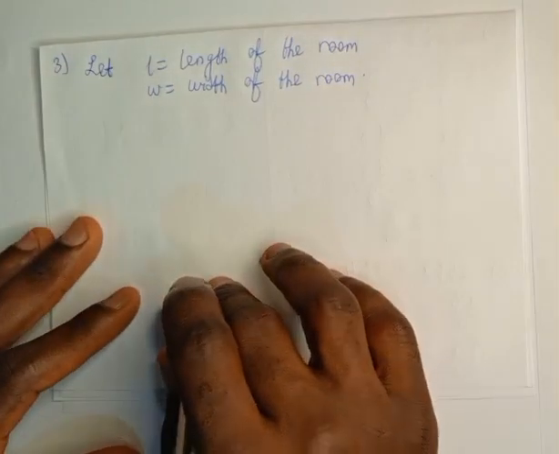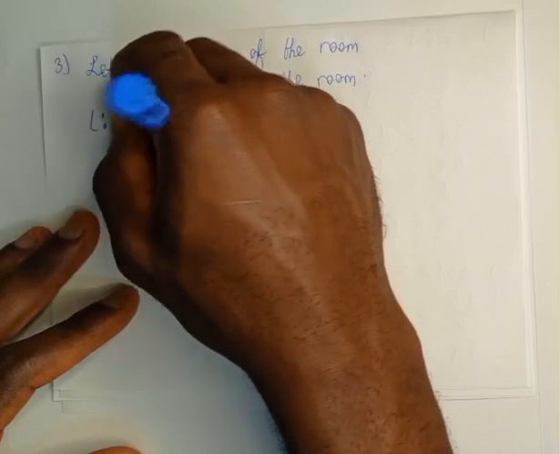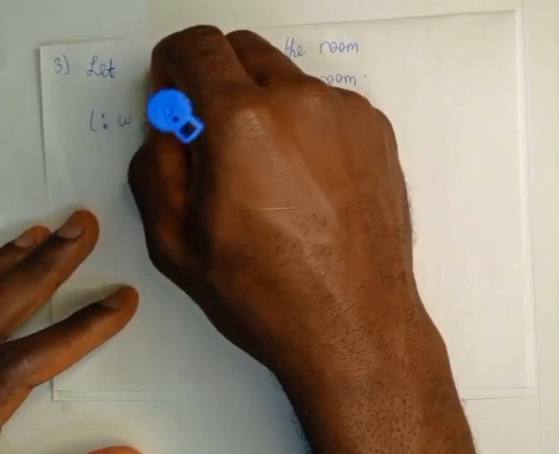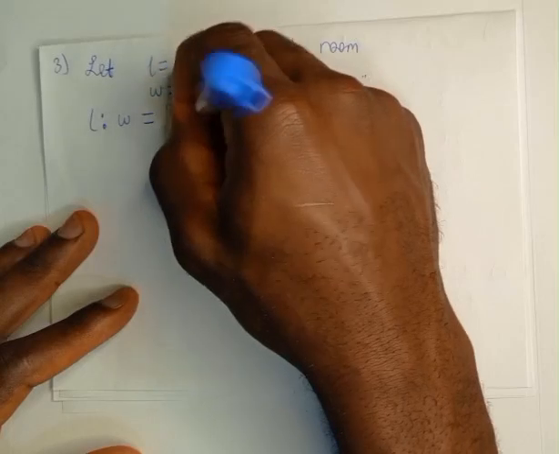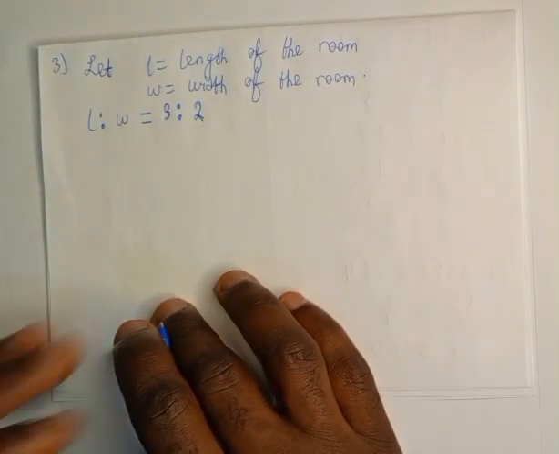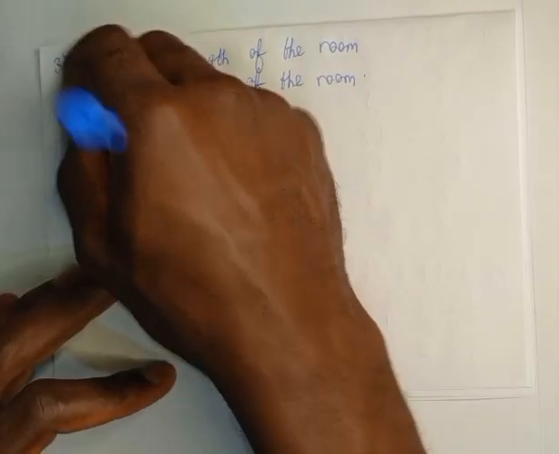So we have been told that the ratio of the length to the width of the room is equal to 3:2.